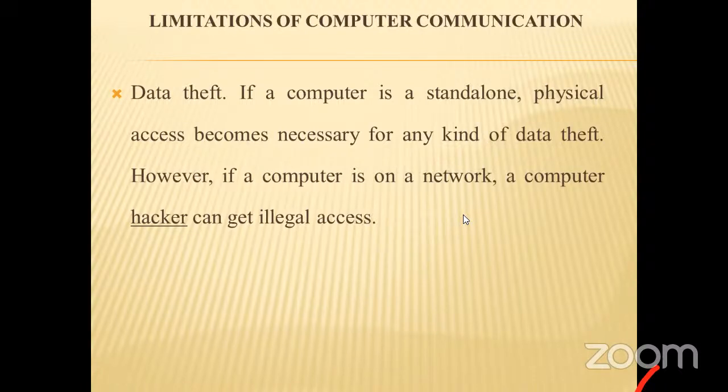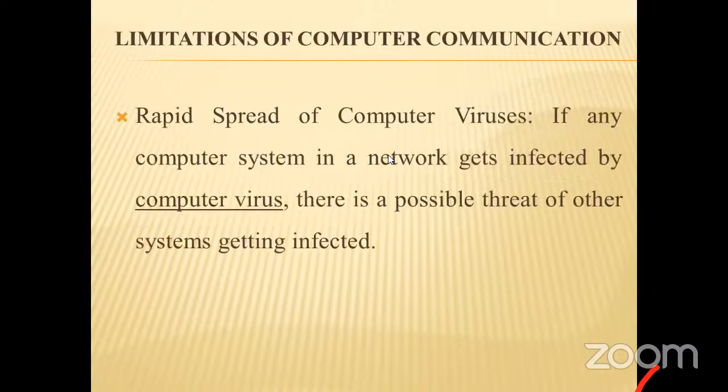Very many people have actually gotten the accessibility from other people's work because of computer communication. Once a computer is connected on the network, it will be very easy for the hacker to get the access, which access is illegal. So that makes the data theft very easy.